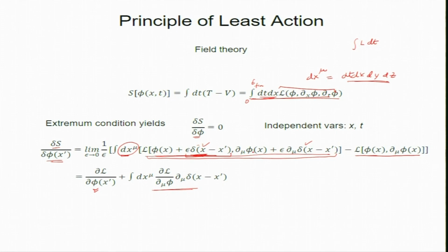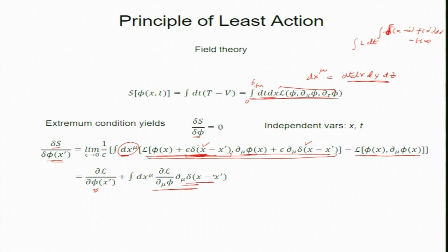I had to take a derivative relative to this and then multiply by that, but now I have the partial derivative of a delta function, and I do not know how to deal with it. You recall that the integral of delta of x minus x prime times f of x prime dx prime is f of x. So I want it without the derivative on the delta function. What do I do here?